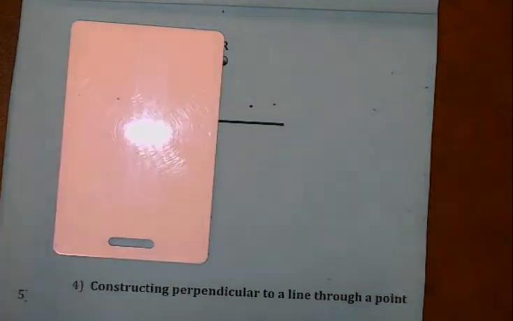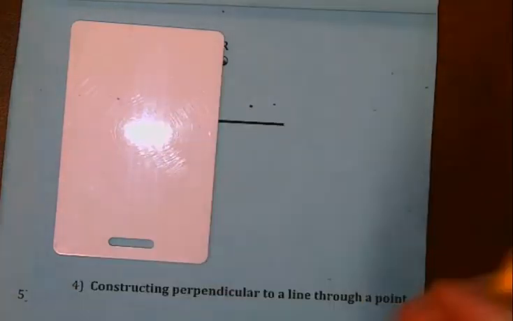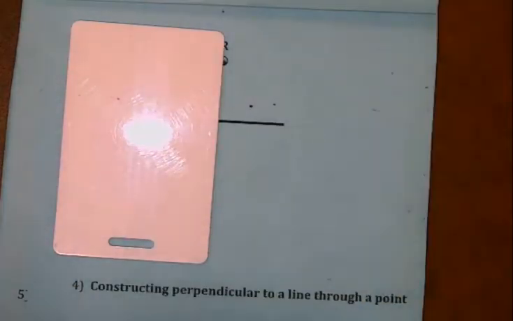Mine's broken. Thank you. Oh, this is not a good compass. The tighter the compass is, the better it is. If yours is loosey-goosey, it's not a good compass.